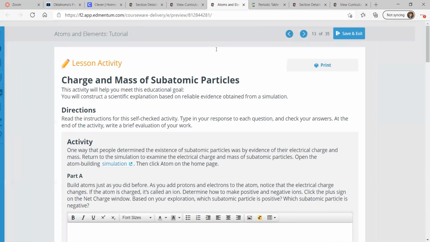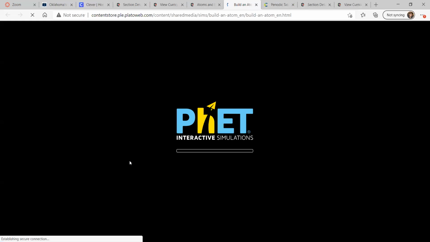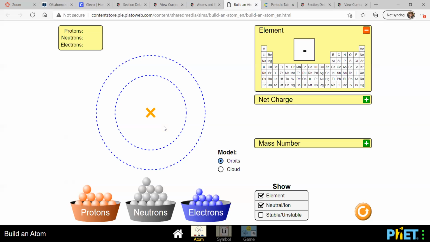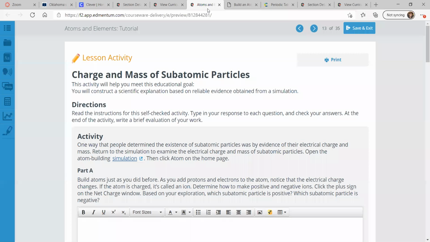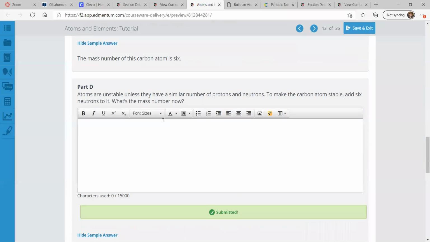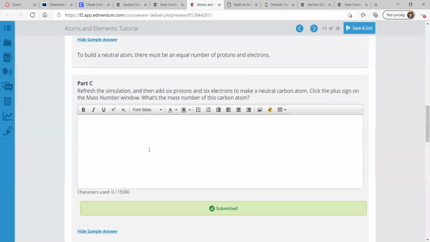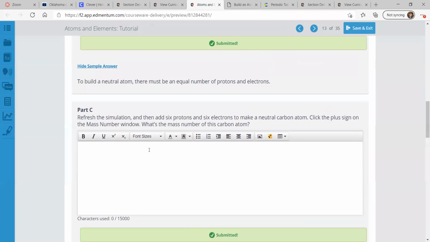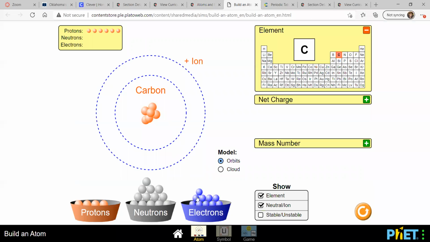So I'll quickly show you that carbon one. Yeah. So carbon has 6 protons. And then we're going to add 6 electrons.